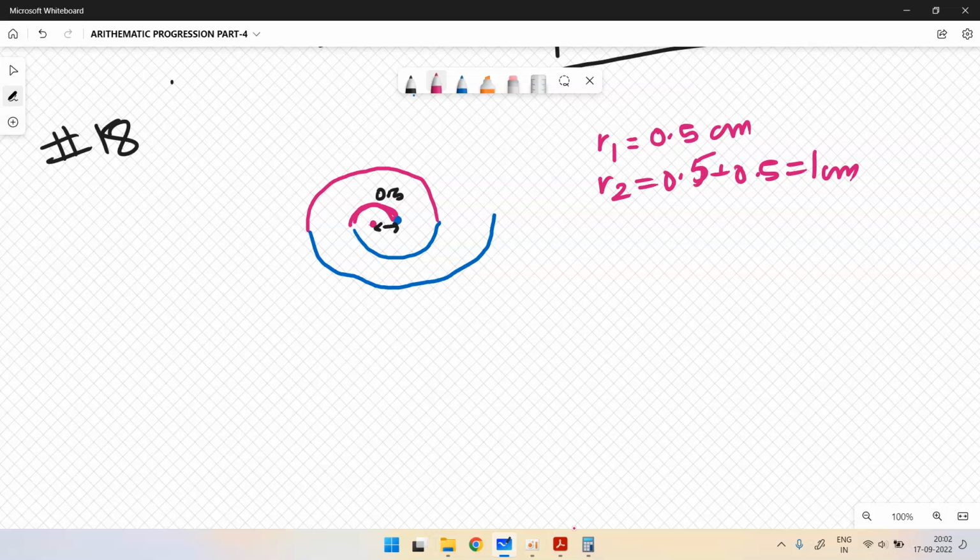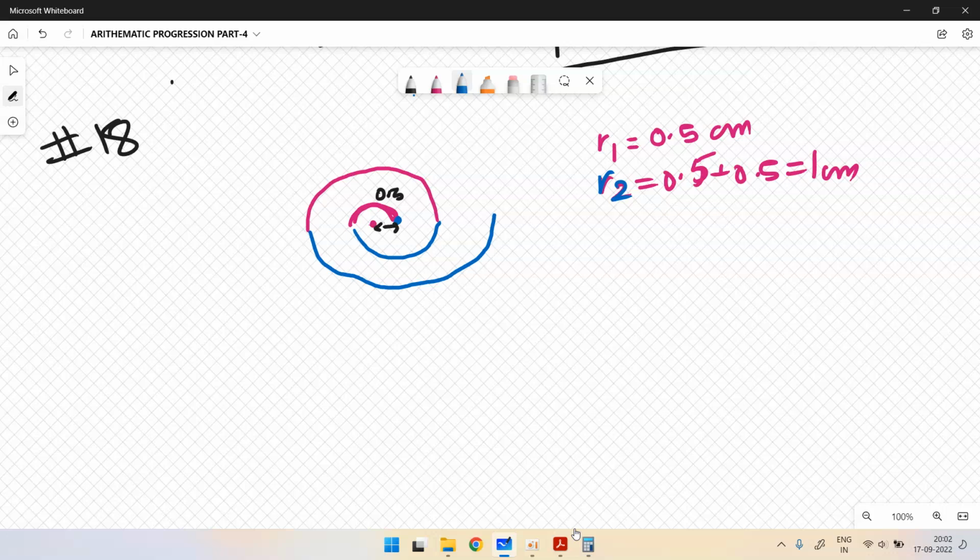This is R1. Now for R2, this will be your radius. So R2 is blue, which is 1 centimeter.